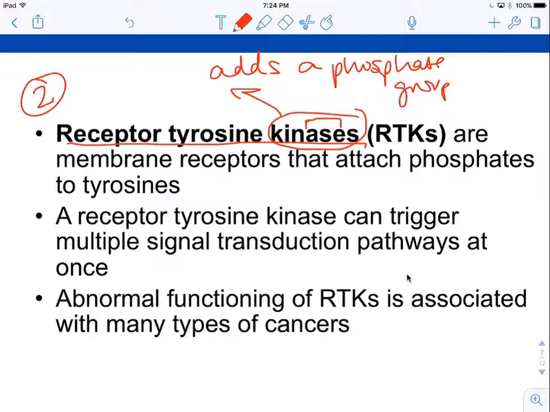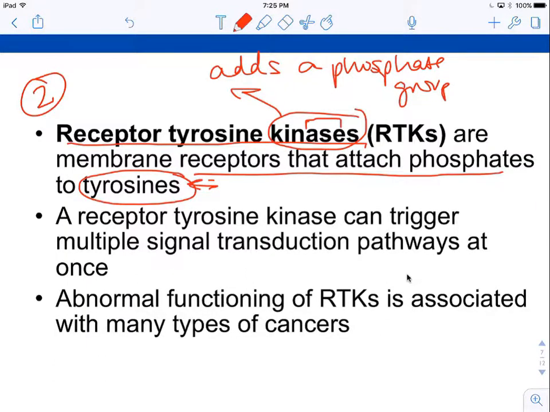And receptor tyrosine kinases are receptors that attach phosphates to the amino acid tyrosine, okay? And not all kinases do this. Kinase is like a general term for any enzyme that attaches a phosphate group to something. A receptor tyrosine kinase is a specific name for a receptor that attaches phosphates to tyrosines, okay?